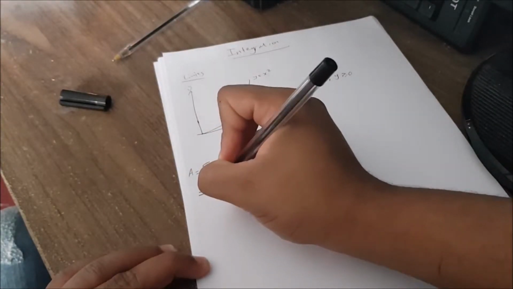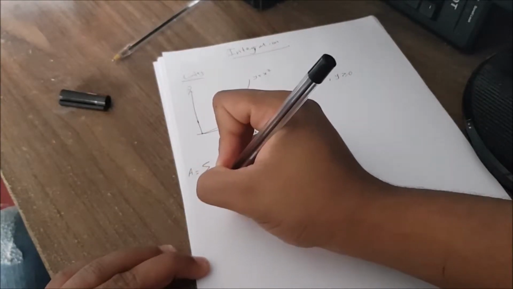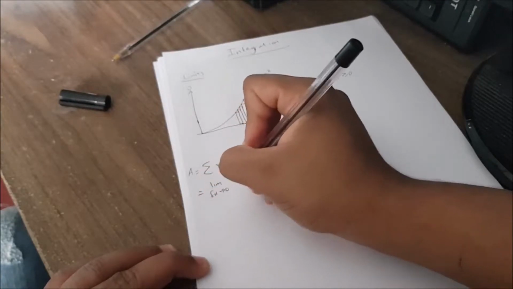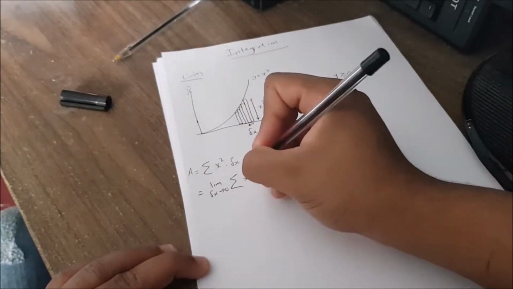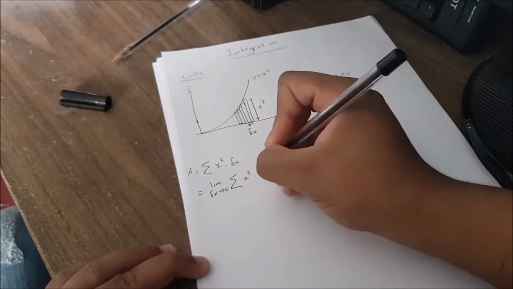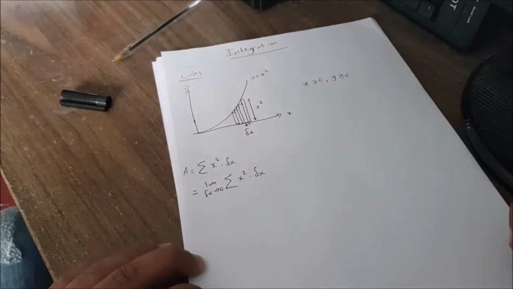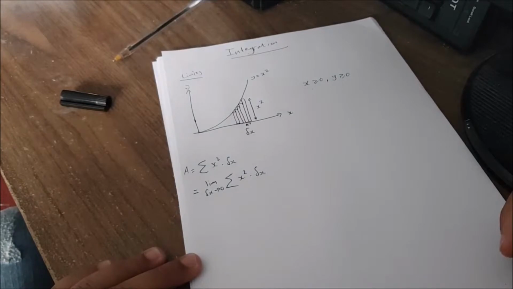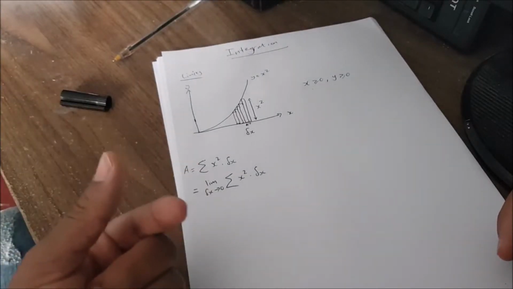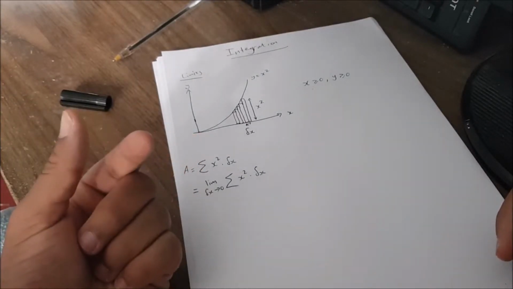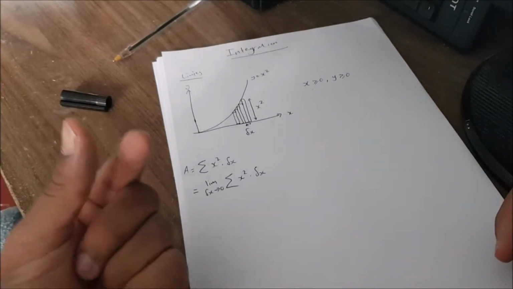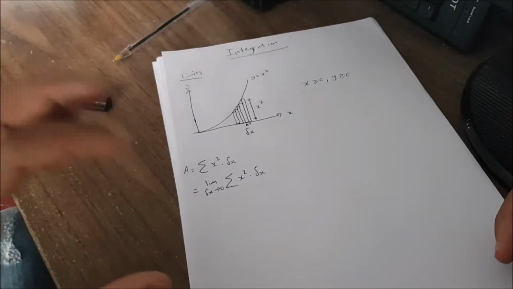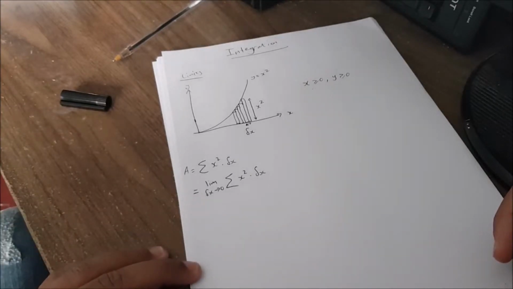So, the limit as delta x tends to 0, summating x squared times delta x. And as these rectangle widths are getting infinitesimally smaller and smaller, it will become an integral.